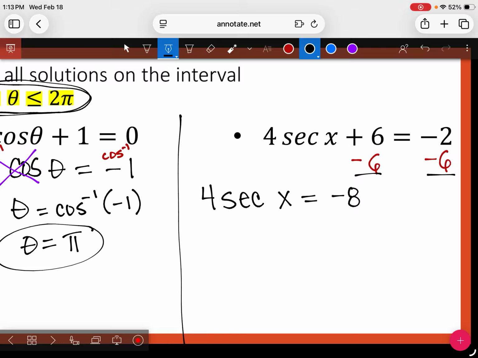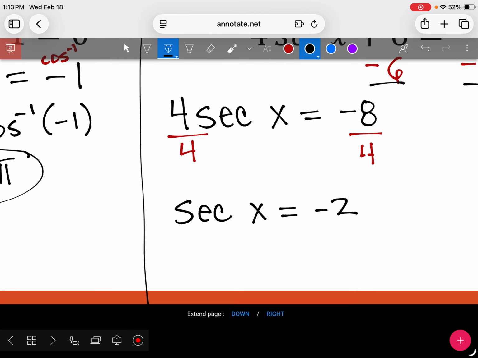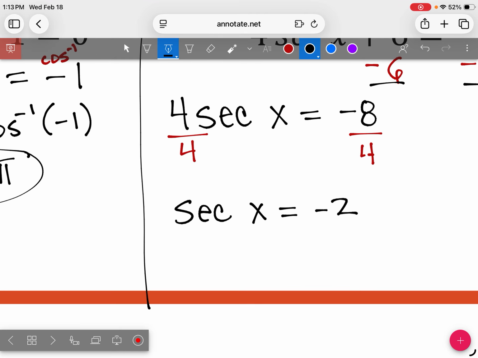Divide. So secant of x is -2. When I take the inverse secant, this means that I'm looking for all of the angles that have a secant of -2.